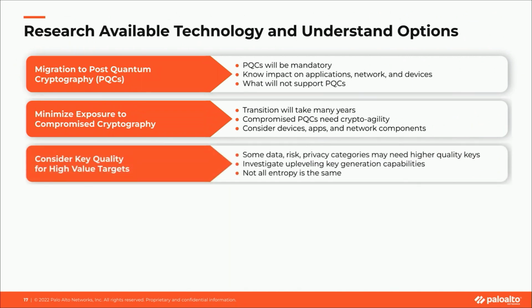Now, this next one is all about key quality. Key quality is not created equal. If you have data that really needs to be protected for an awfully long period of time, and you really can't risk it being exposed through some future attack that we don't even know about today. Because when you think about it, quantum security is in its infancy right now.